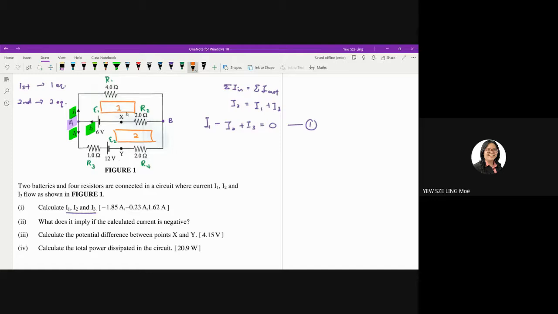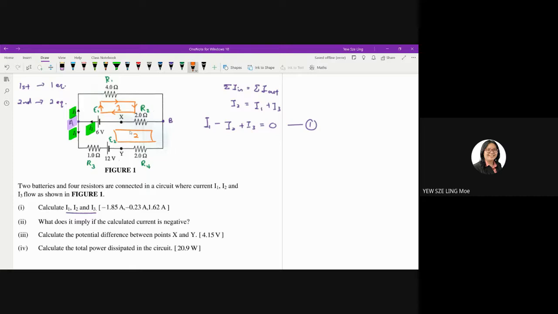Then you're going to decide, loop 1, you want it to move in a clockwise direction or anti-clockwise direction. If you look at I2 and I3, obviously it will be easier if we make the loop flow in the clockwise direction. So now I let the loop flow in the clockwise direction.